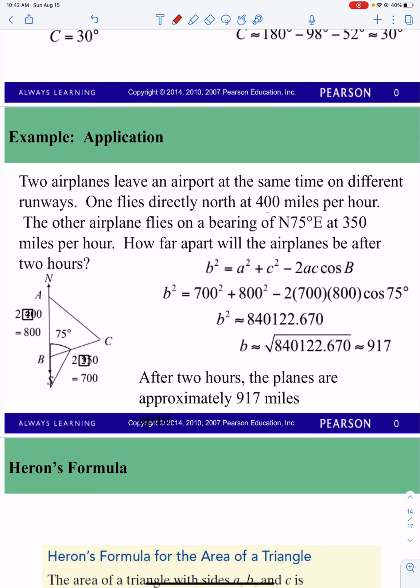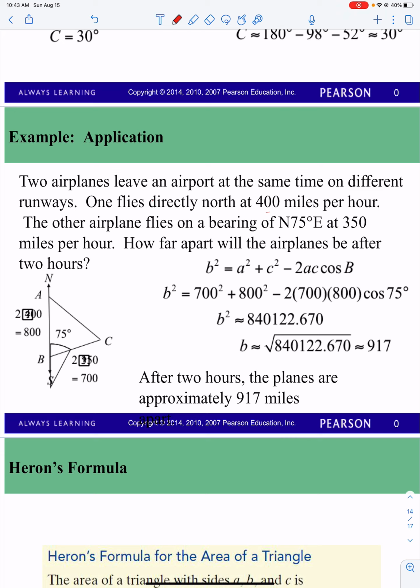The other flies on a bearing of 75 degrees east at 350 miles per hour. And how far apart will the airplanes be after 2 hours?